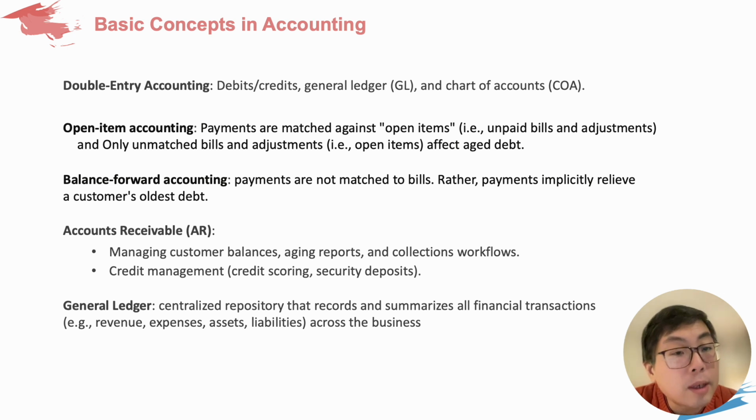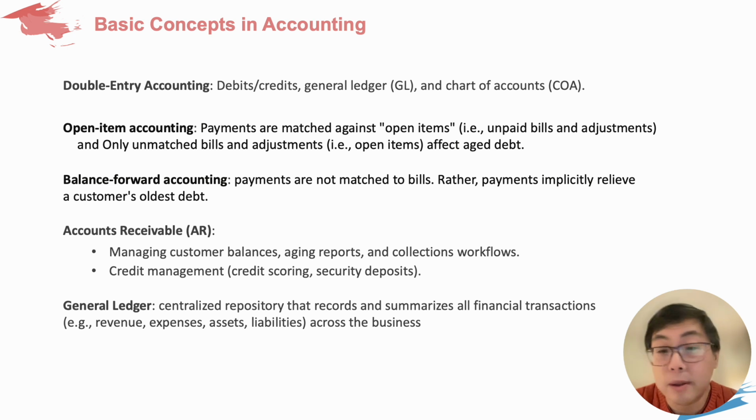Now, third one, balance forward accounting. Balance forward accounting works a bit differently because it doesn't match up to any bill or item. It only applies the credit to the customer balance. So a very classic example is you don't pay bills every month, but you do pay by direct debit. Every month, for example, you pay £100 direct debit for electricity and water, but actually every month the bill is different.